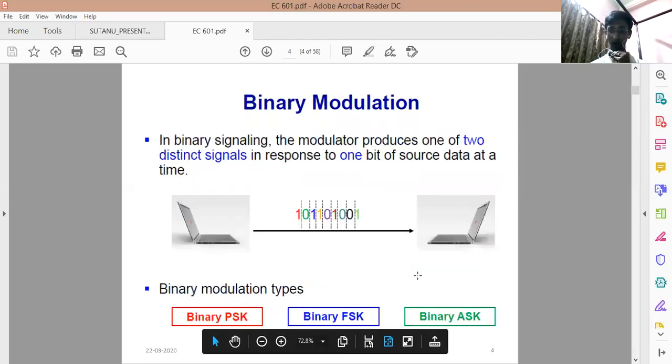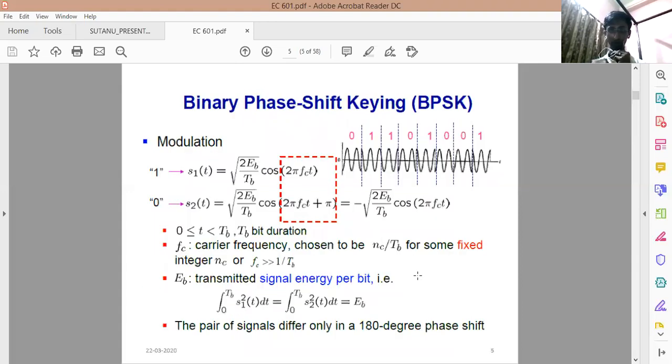Next, I have already discussed a few mathematical expressions for BPSK. This is the mathematical description. There is one 0 degree phase lag, whereas in case of the zero symbol, there is a pi phase lag.